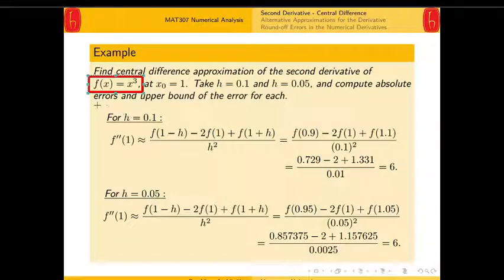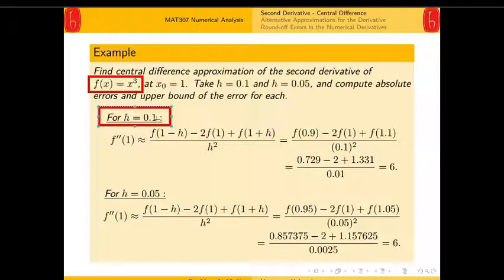So let's start with h equals 0.1. When we use this quantity and the values of f, this is indeed the central difference formula for x naught equals 1.